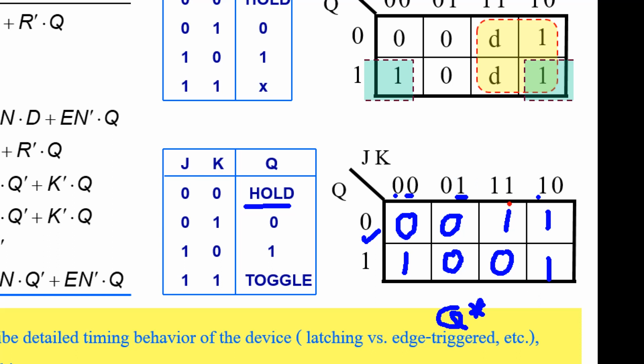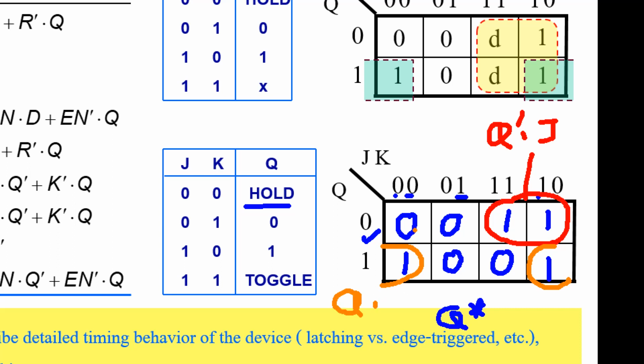From this, you can write the equation for Q star, right? By considering logic 1. Okay, I'll put 1. Maybe this term is what? Q prime and J, right? And this term is what?